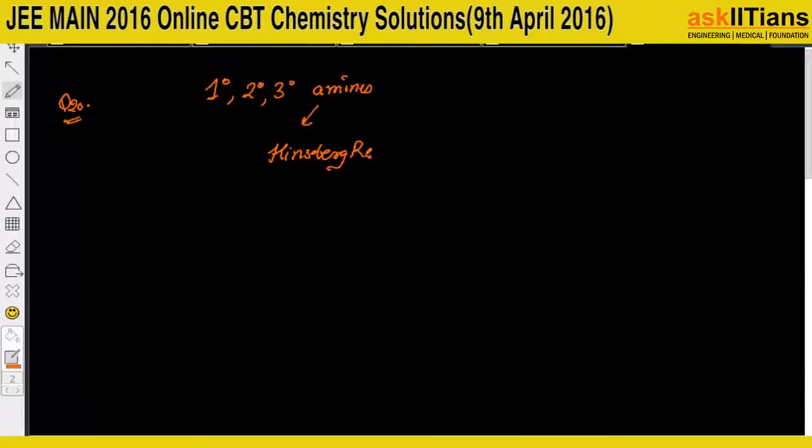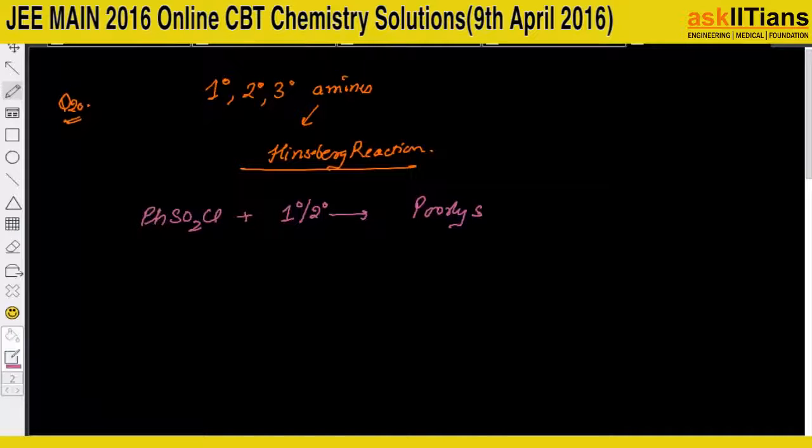or Hinsberg's reaction. Now what is there in this Hinsberg's reaction? You should remember this thing, that when PhSO2Cl is treated with an amine, which is either a primary or a secondary amine, then the compound so formed will be poorly soluble, and this compound will precipitate as a solid.